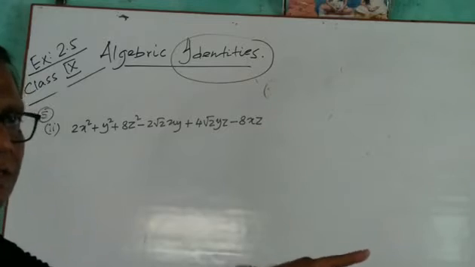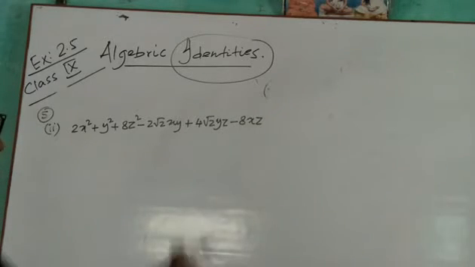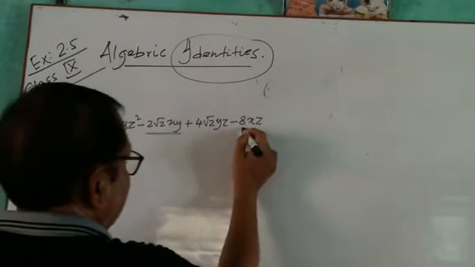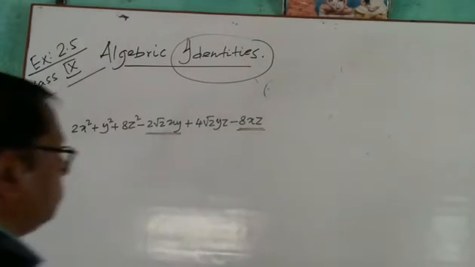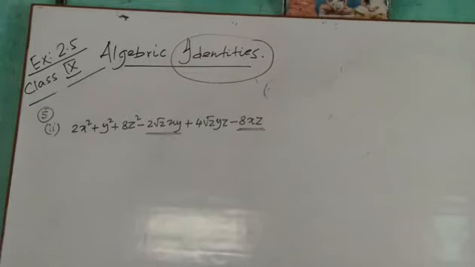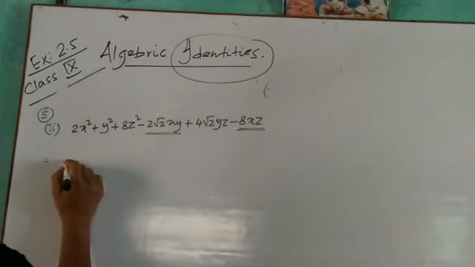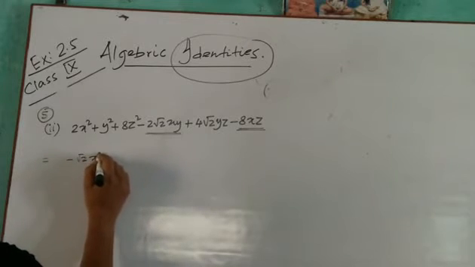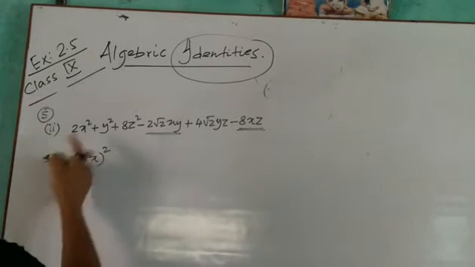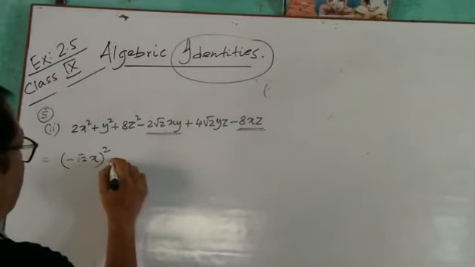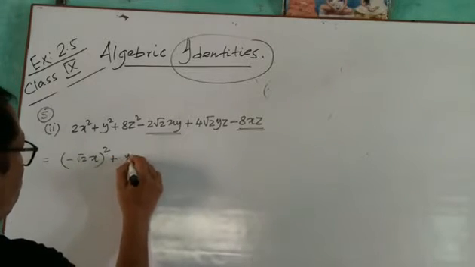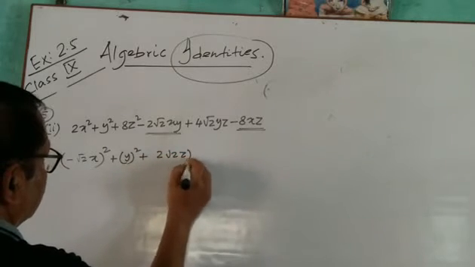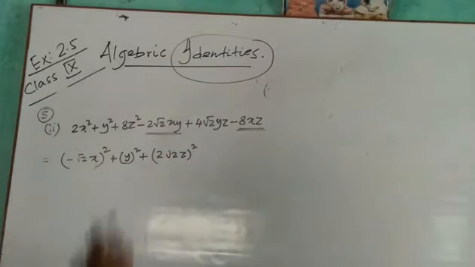If the cross product is negative for x into y and x into z, it means x is negative. So what we can write? We can write (-root 2 x) square, that is a square, plus y square plus (2 root 2 z) square.